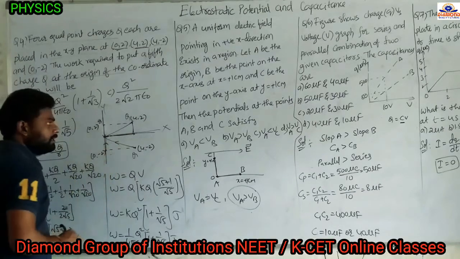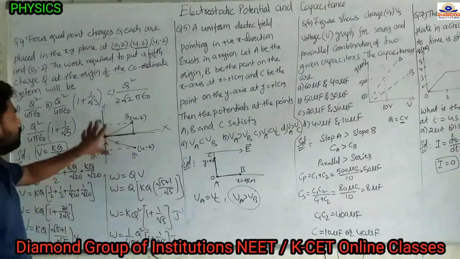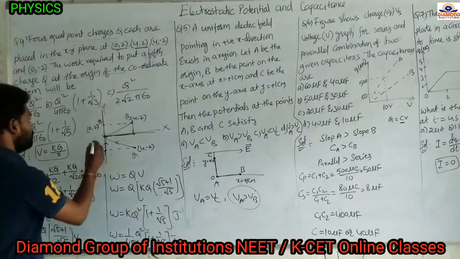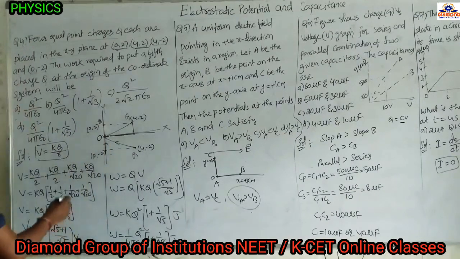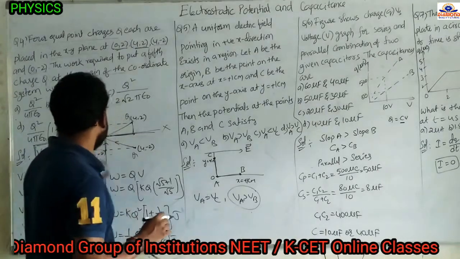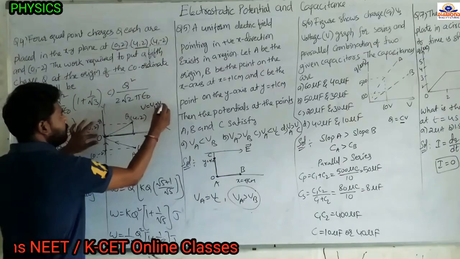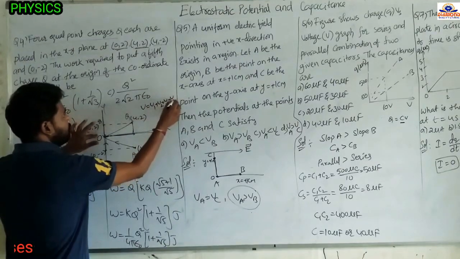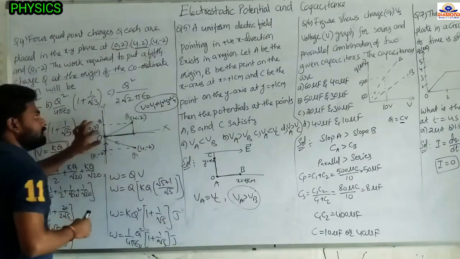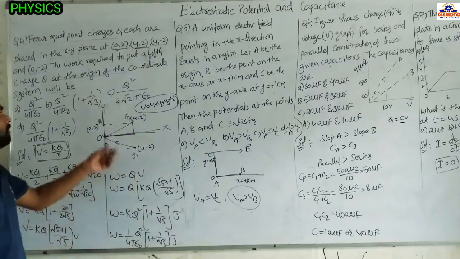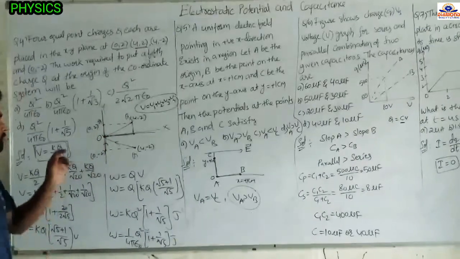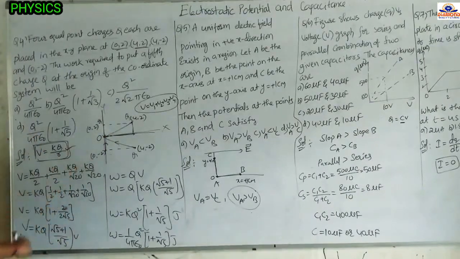The potential formula is V equal to K Q by R. So potential at the origin due to the 4 charges is V equal to V1 plus V2 plus V3 plus V4.